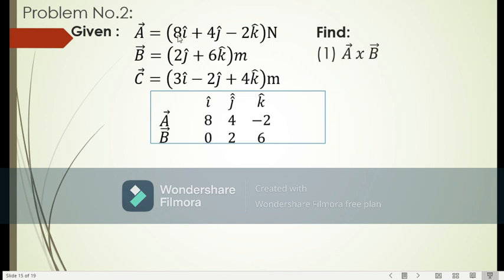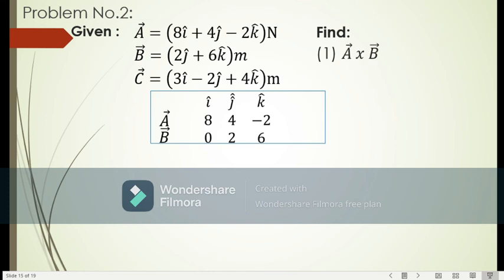We have the components of A as positive 8, positive 4, and negative 2. And for B, we don't have an x component, that is why 0. We have positive 2 and positive 6.